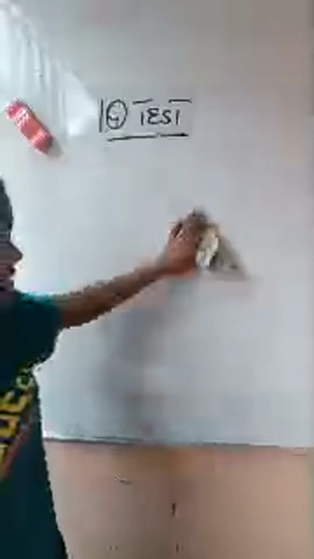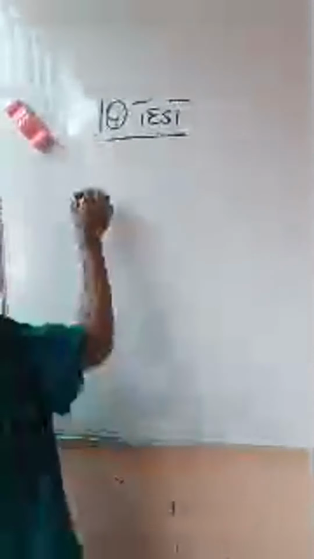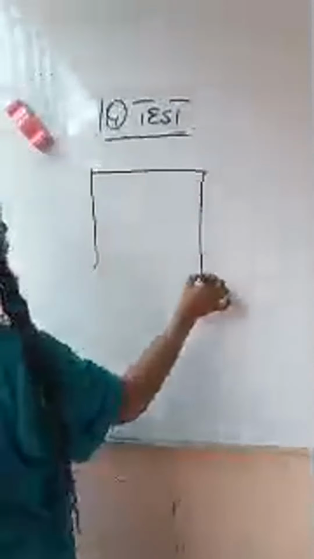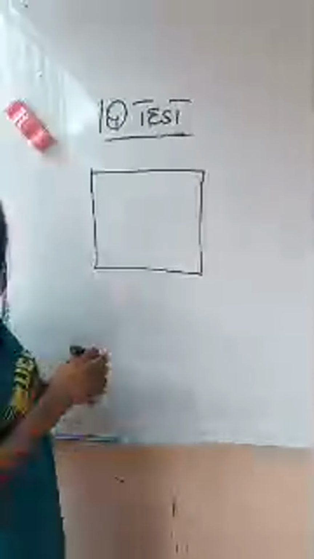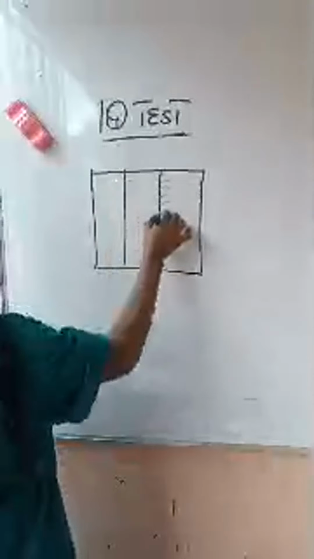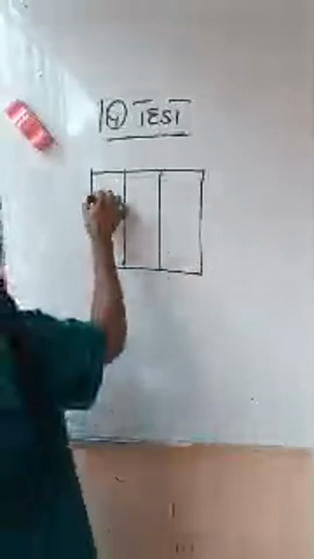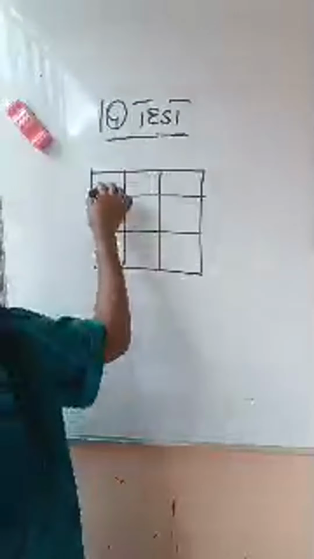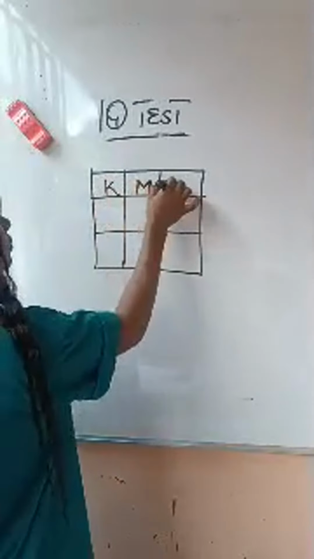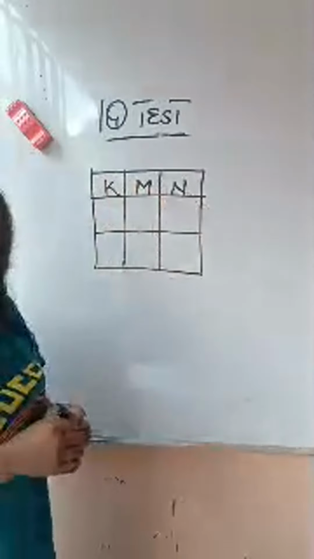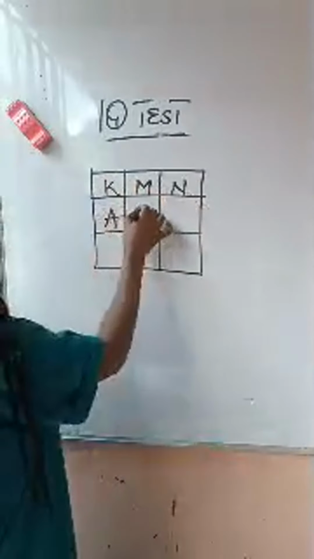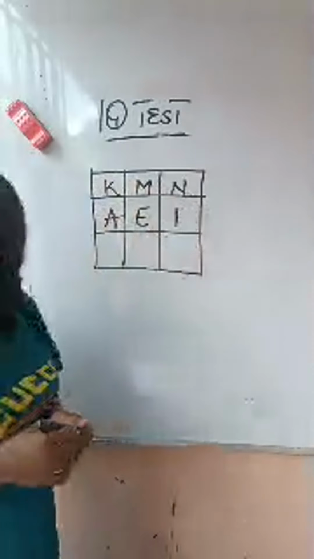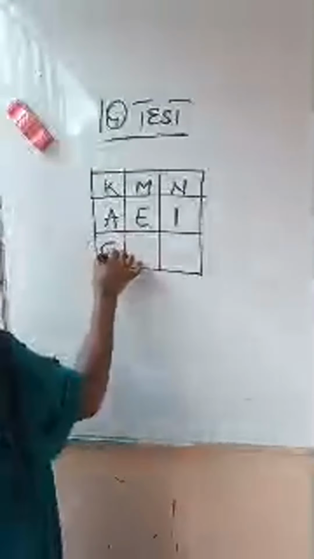Okay, now we have 4 by 4 this way. And we have this, we have KMN, we have AEI, we have GRT.